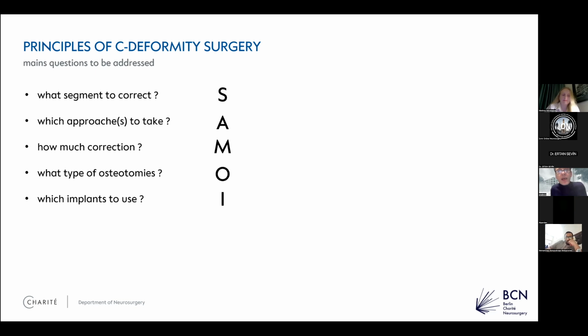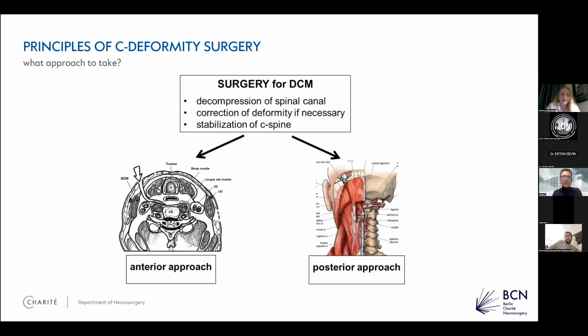So remember SAM-OI. This is really the step-by-step planning and the principles of how we suggest to plan your deformity surgery for the cervical spine. So we have discussed the driver, and the driver leads you directly to the segment that needs to be corrected. So this is done. Approach. So usually it's anterior and posterior approaches.